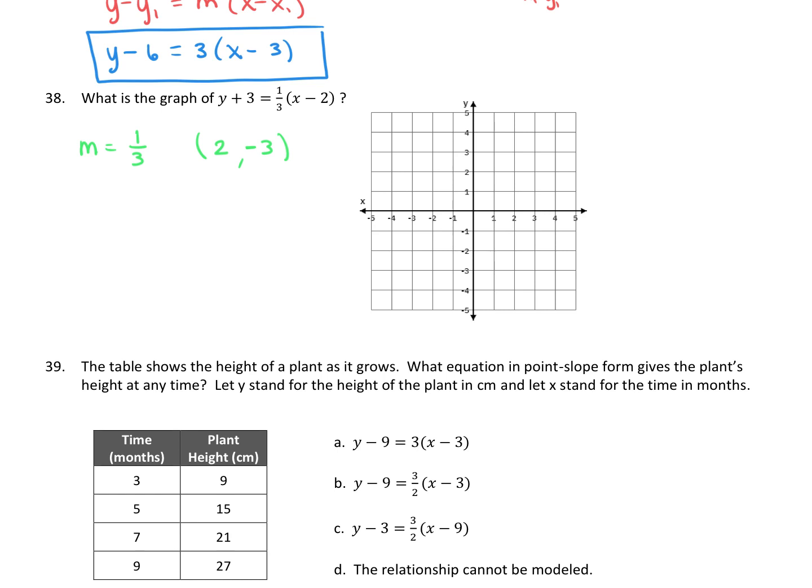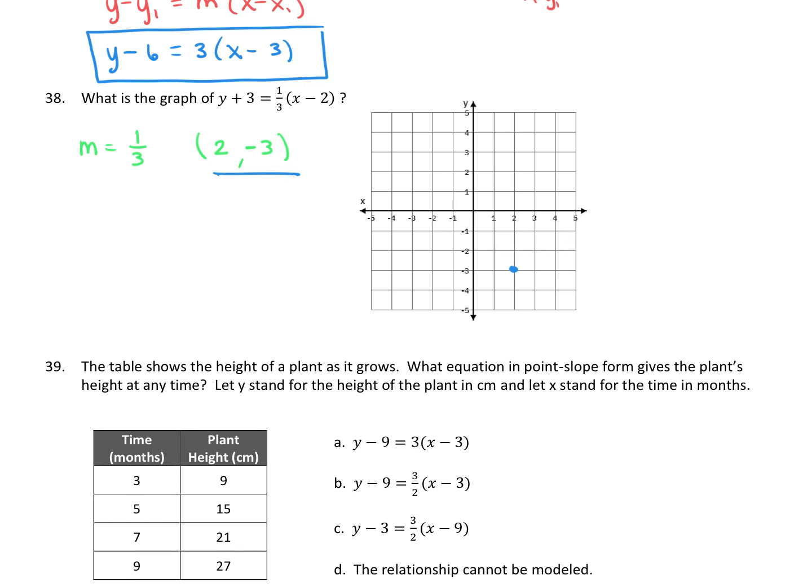All right, so to draw this graph, normally we start with our y-intercept, which we don't have, so we're going to start with this ordered pair. You just have to start with any point on the line. Once you have a point plotted, then you can do your slope. From the origin, we're going to plot the point. The x is 2, the y is negative 3. So we're going to go to the right 2, down 3. And then from that point, we're going to do a slope of 1/3. That means we're going to rise 1, right 3.